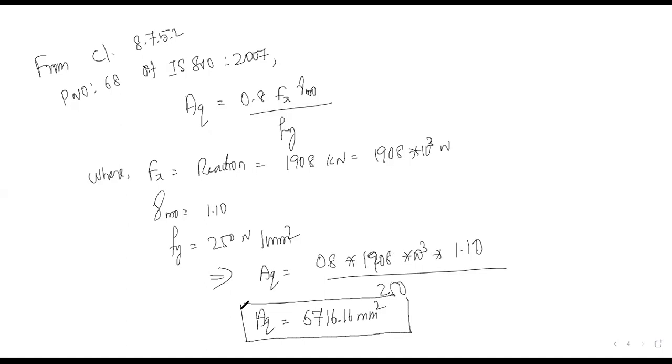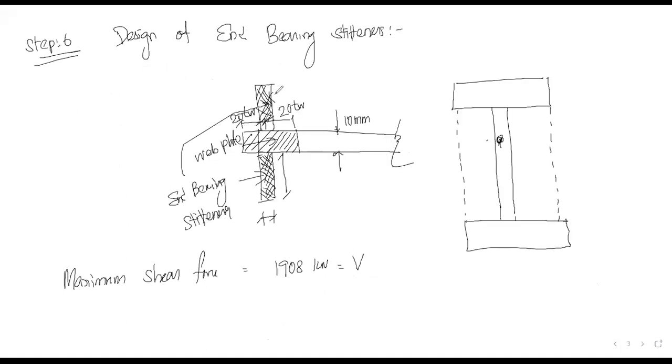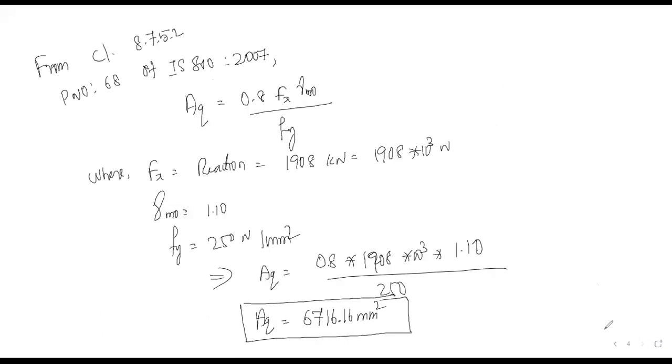Okay, so I'm going to provide stiffeners on either side, here and here. Let us first assume the thickness of the end bearing stiffener is equal to 20 mm.